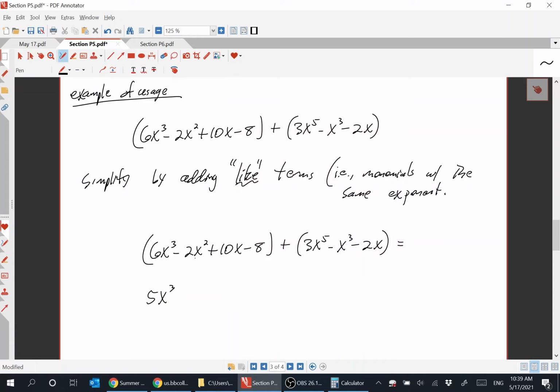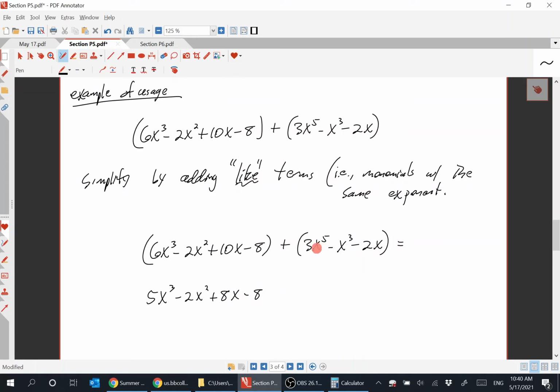Minus 2x squared, and there's no x squared here, so it's just minus 2x squared. 10x minus 2x. So how many x's does that give me? 8. And then I just have a number. That's considered a monomial in x because it's like x to the 0. So I still have that 8.